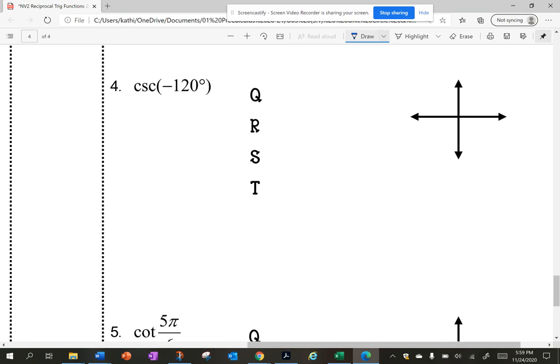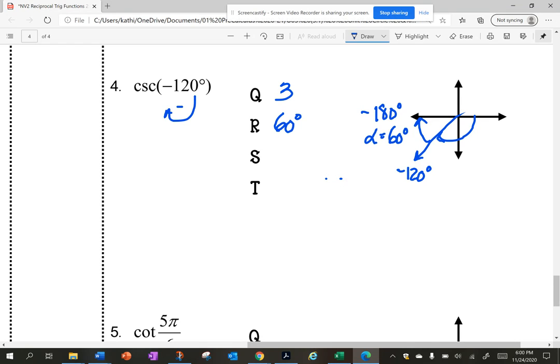All right, next one. Let's try one in the negative rotation. So this is negative 120 degrees. So here is negative 180 degrees. So this is putting me in quadrant 3. Here's my reference angle to the x-axis here. So 180 minus 120 is 60 degrees. Reference angle is always positive.